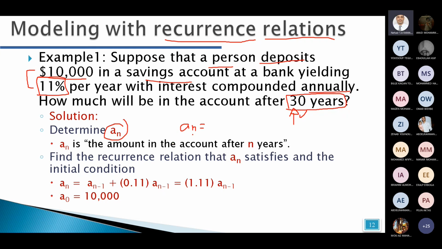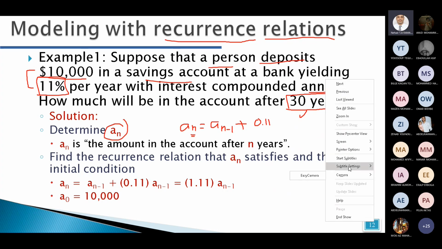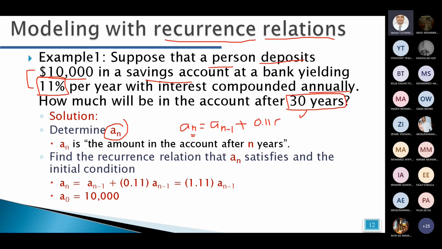AN means the current year. It's equal to the value in the account at the previous year, so AN equals AN minus 1, and we add the interest for it. How much is the interest? 11%. We can write it as 0.11, 11% of what? Of the amount of the previous year, which is AN minus 1.